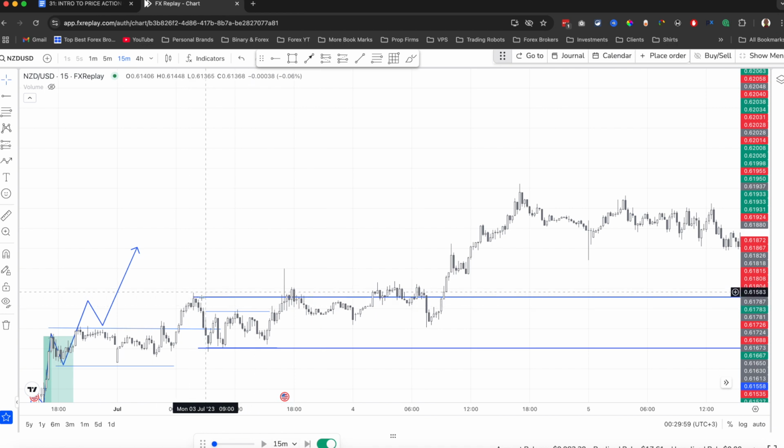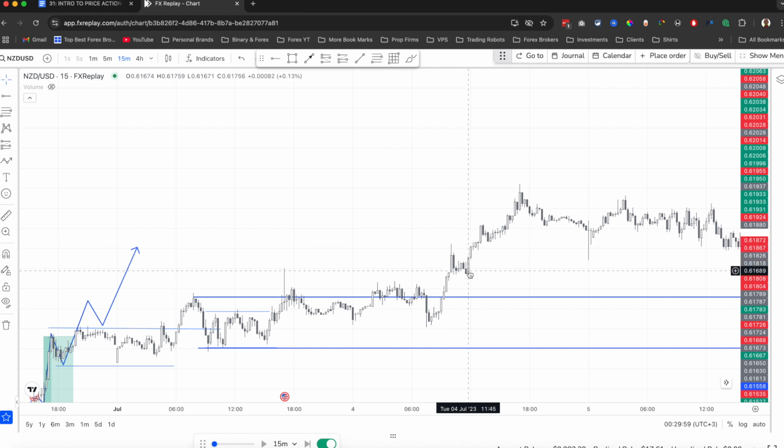We waited for this because this was our support zone. The price was failing to break out of this zone, and also failing to break down. So we are waiting for a bigger breakout like this, like 2 to 3 candles.